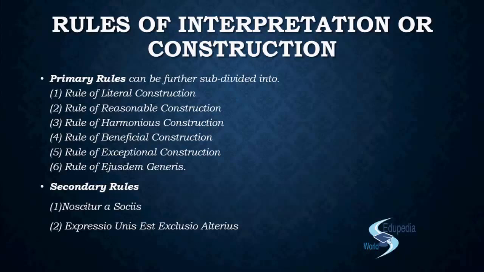I'll pronounce it once more so that you can repeat after me and try to understand the pronunciation. It's expressio unius est exclusio alterius. It seems like some magical spell in Harry Potter that you use. Expressio unius est exclusio alterius.